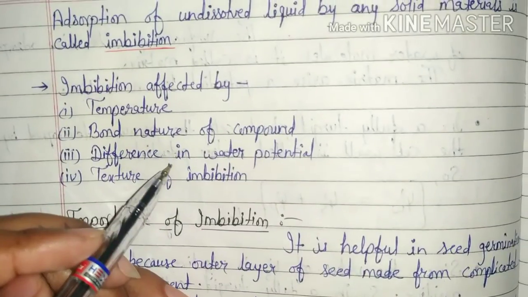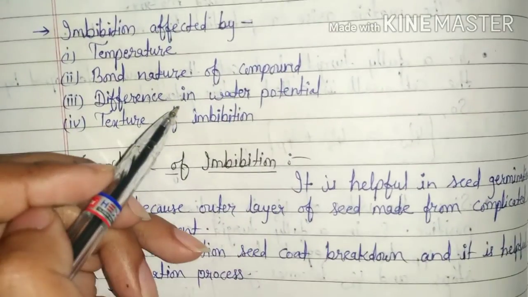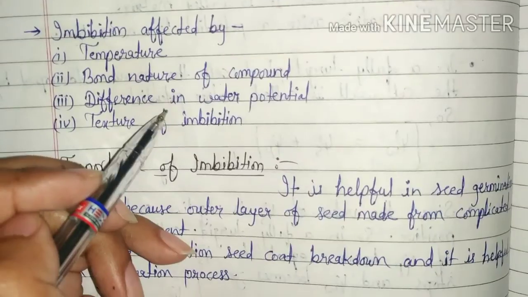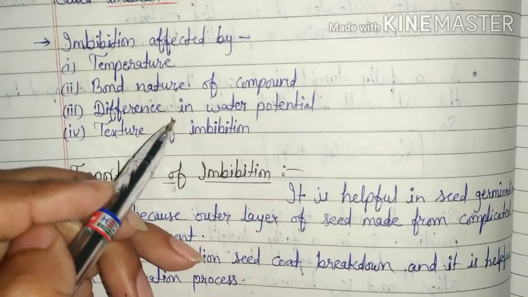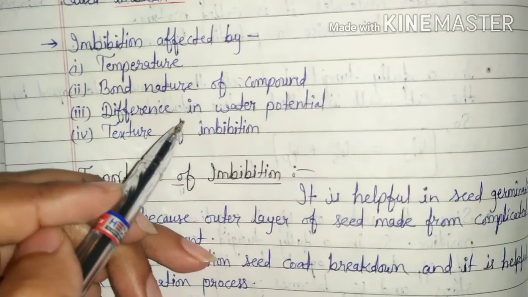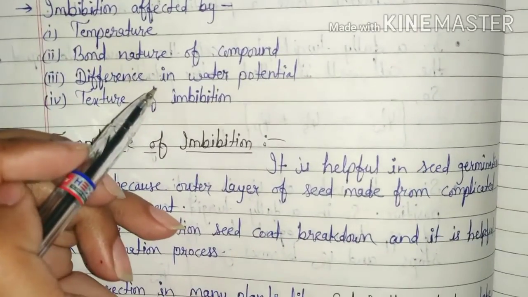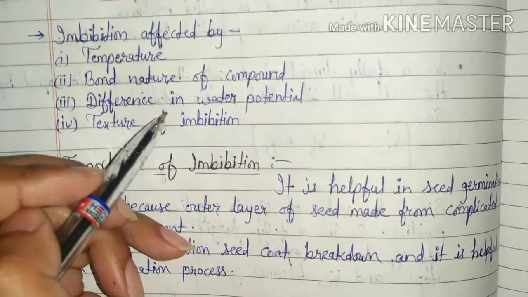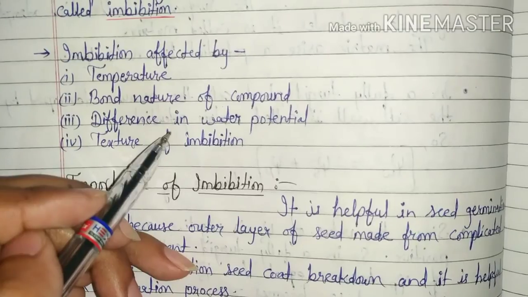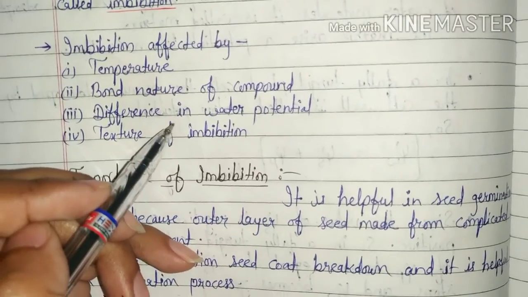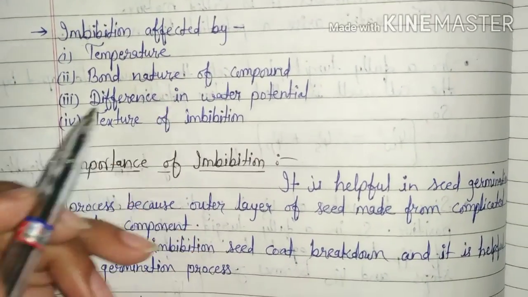Imbibition can occur only when there is affinity between the imbibant and water. So, a considerable force may develop due to imbibition within the plant body. This is called imbibition pressure. And in imbibition, water always moves with some force from the saturated region to the drier region.